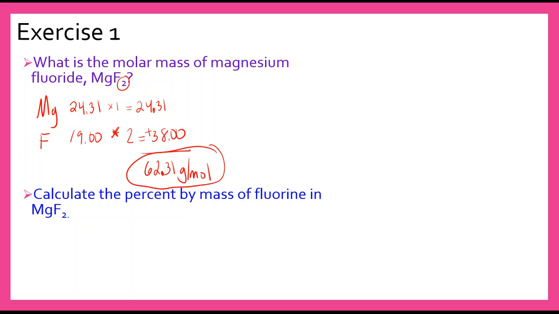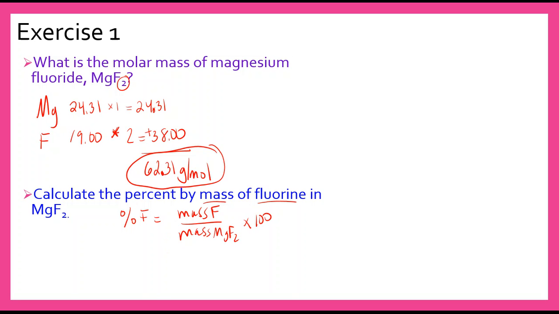Now, once I know my molar mass, guess what? I can easily calculate the percent mass of each of the particular elements. So calculate the percent by mass of fluorine in here. So all I would need to do, percent by mass of fluorine, well, I need the mass of fluorine divided by the mass of MgF2 times 100.